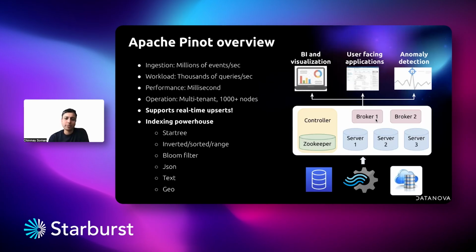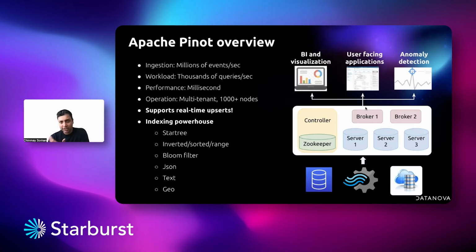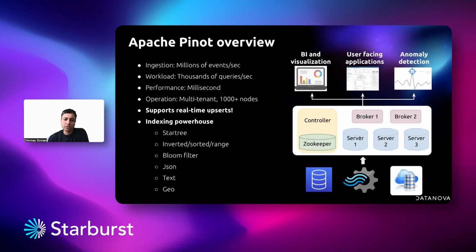And finally, we have the Pinot brokers. This component is responsible for query execution. So when a human or an application sends a query to the broker, it will do a distributed scatter gather across the Pinot servers to process the query.